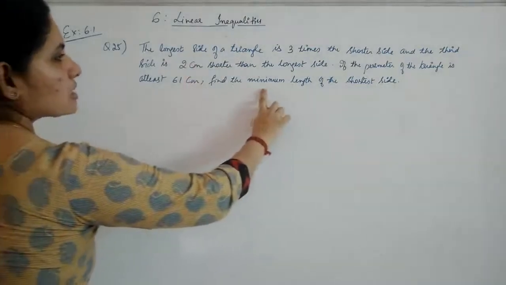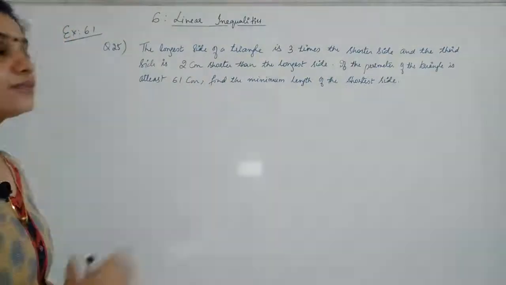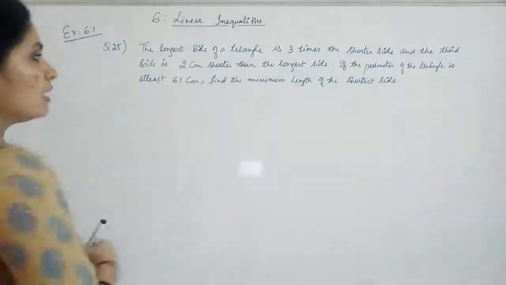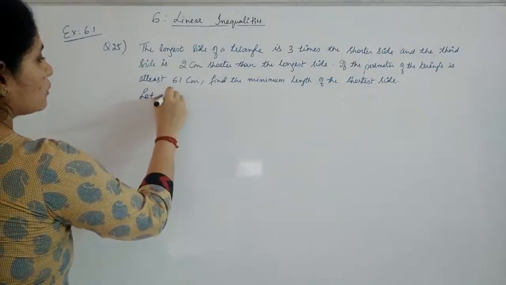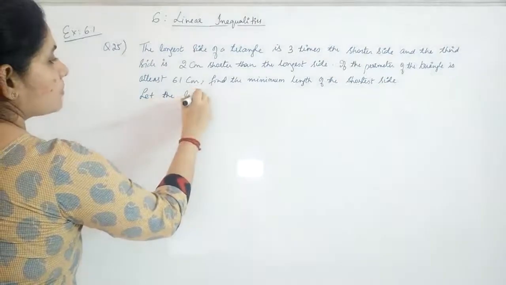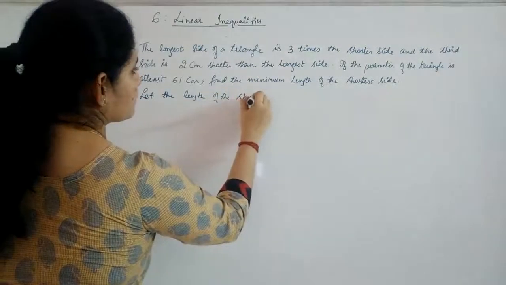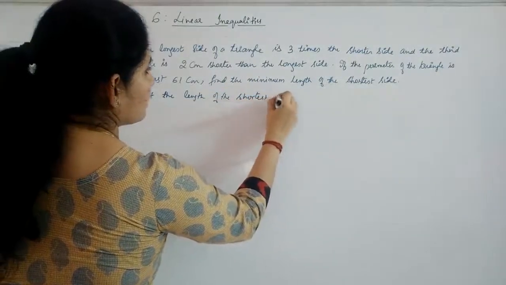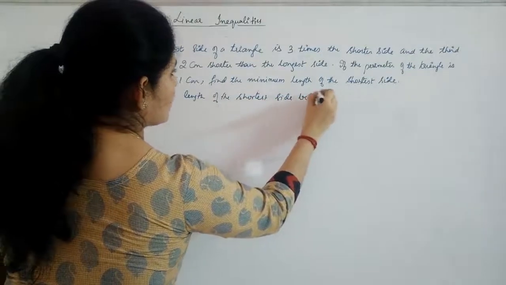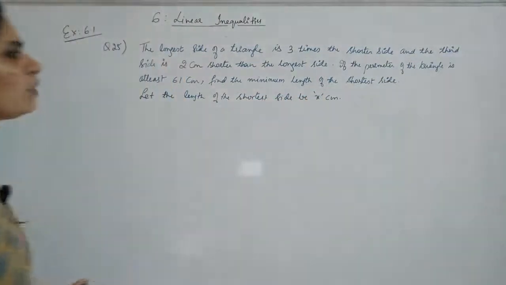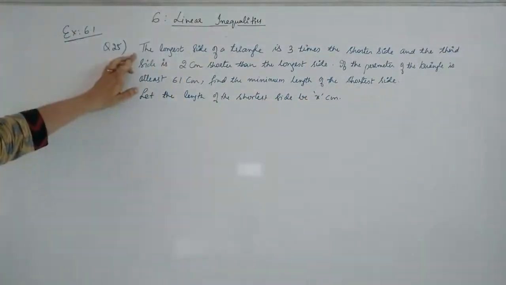As an inequality, we will represent it as greater than or equal to. Now what we need is the minimum length of the shortest side. So let the length of the shortest side be x centimeters. Now that is related to the other two sides. How?